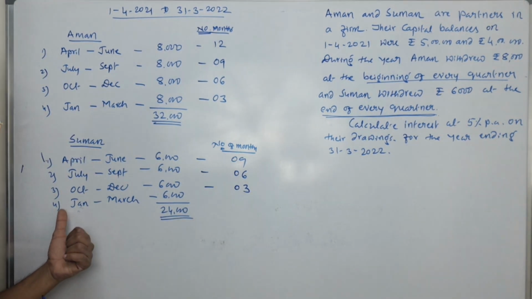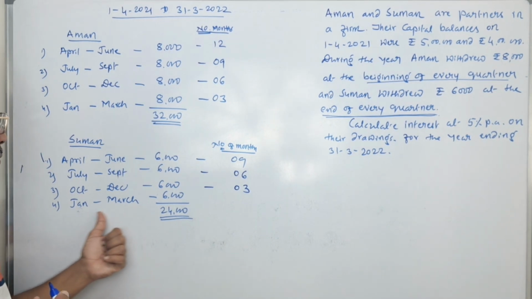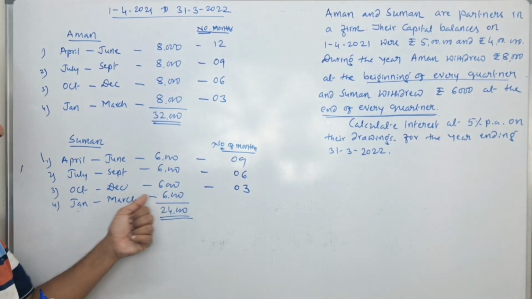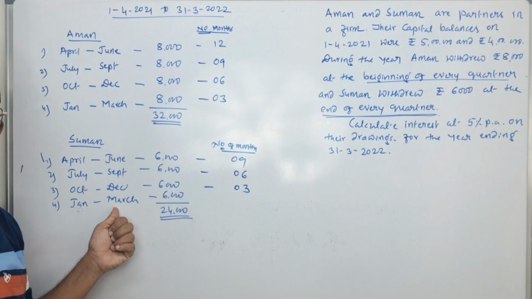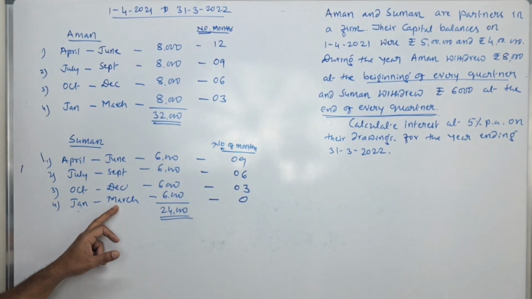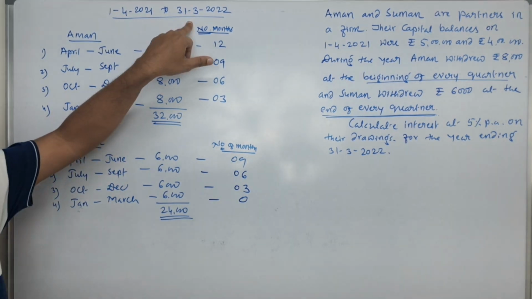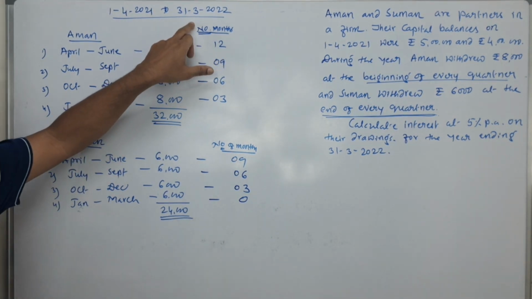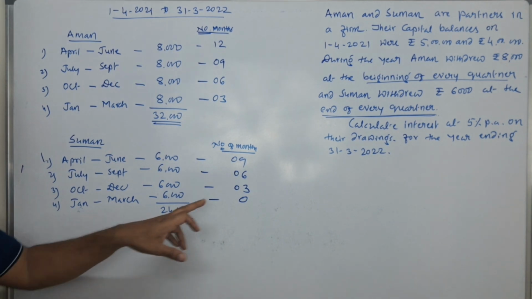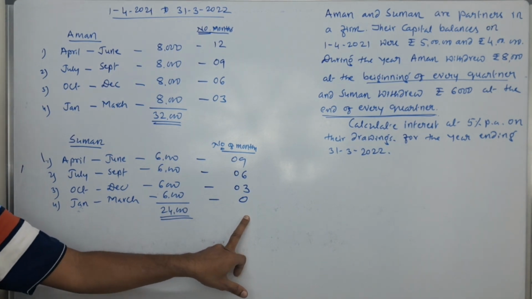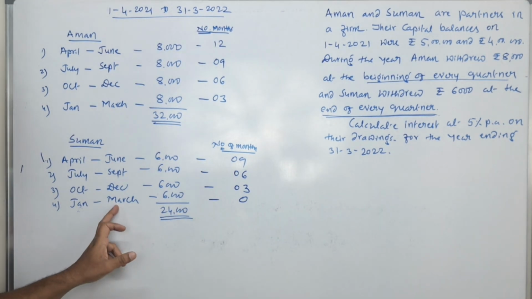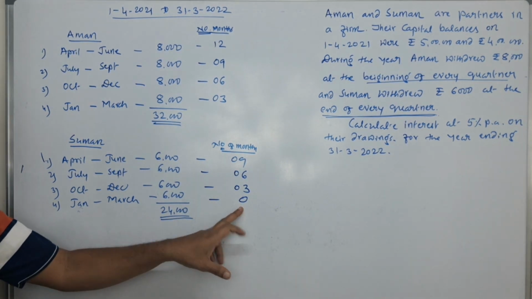Next one is, see, this is the last quarter, the fourth quarter. He has withdrawn rupees 6,000 on 31st March. Here 31st March is the date of closing of the accounts. That is why the period for which interest is to be calculated on his last withdrawal comes to 0.